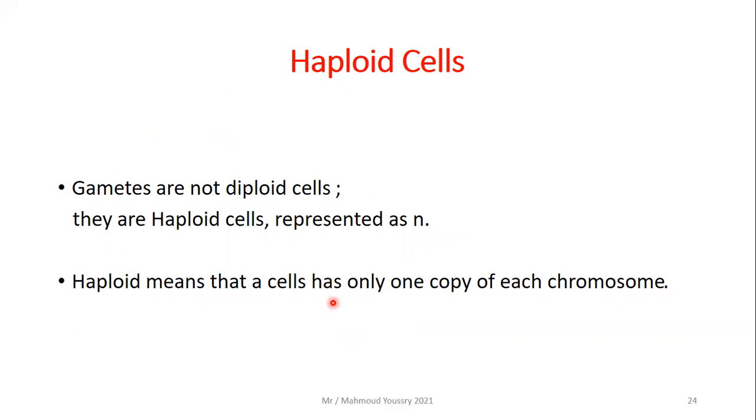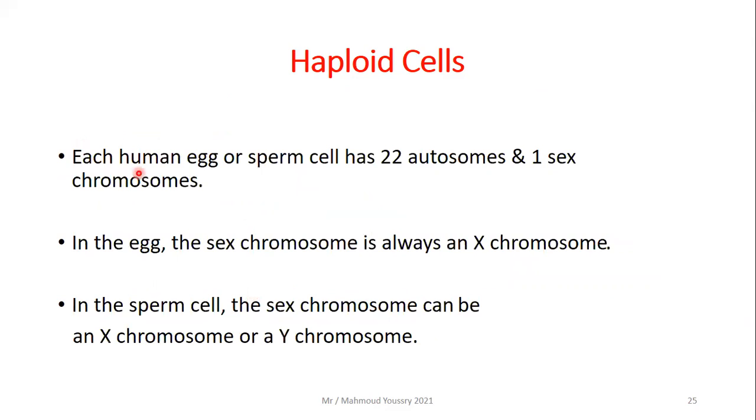Haploid means that a cell has only one copy of each chromosome. Each human egg or sperm cell has 22 autosomes, which are the chromosomes that are not related to the sex of the organism, and one sex chromosome.